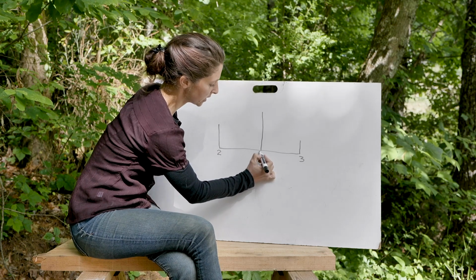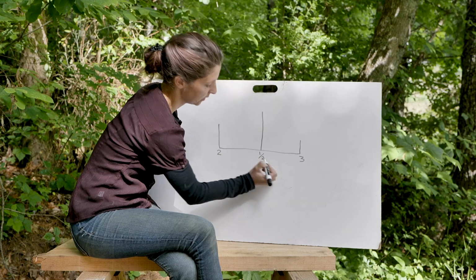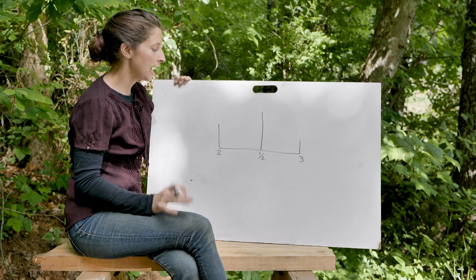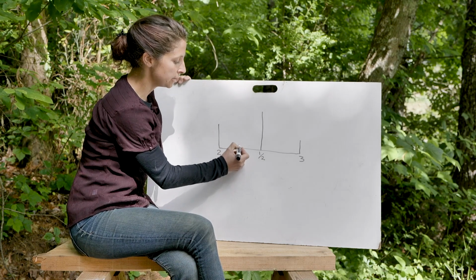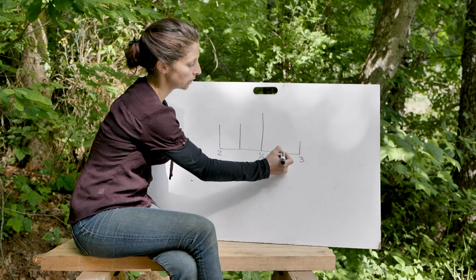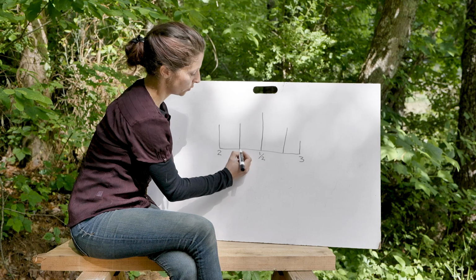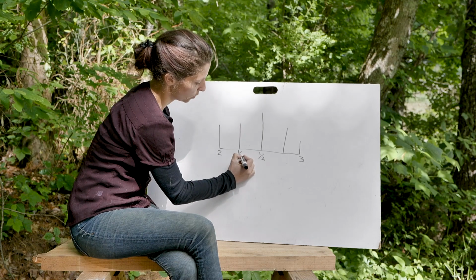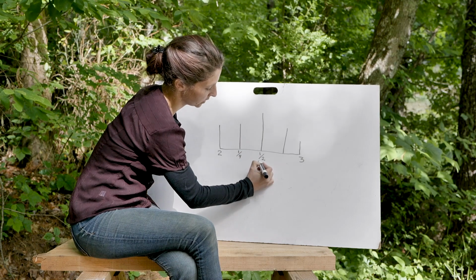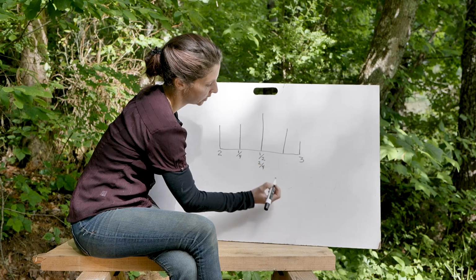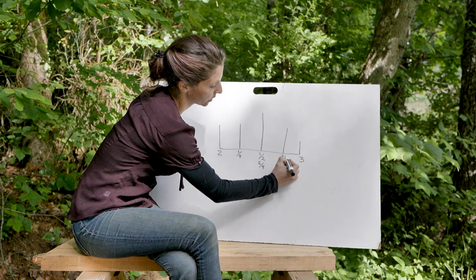And so we're going to mark that as halfway. Our second tallest lines are going to be our quarters. So we have 1/4, 1/2 is 2/4, and then 3/4.